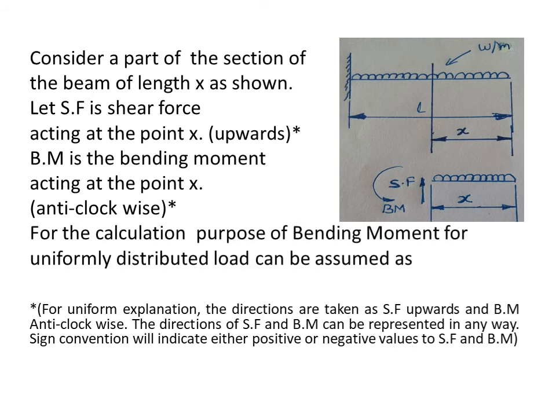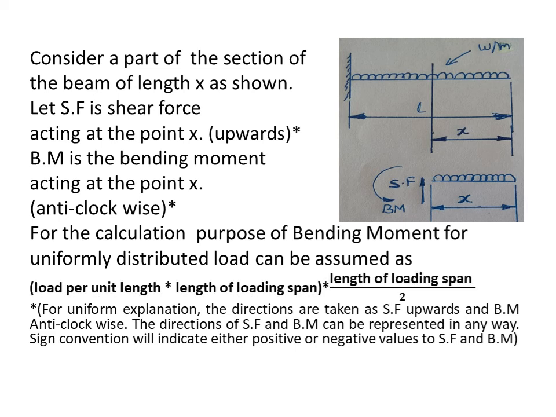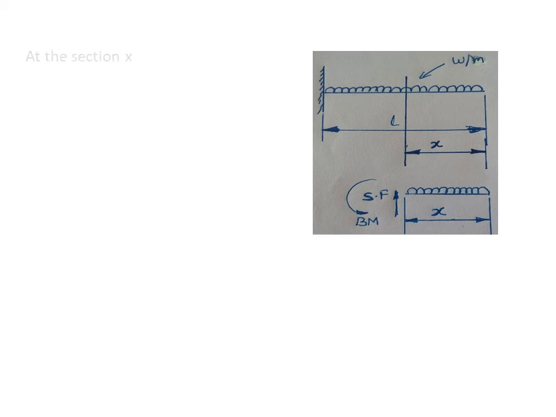For the calculation of bending moment, the uniformly distributed load can be assumed as load per unit length multiplied by the length of the loading span, whole multiplied by the length of the span divided by 2. That is, the total load is acting at the mid of the span. At the section x, SF is plus W into x.